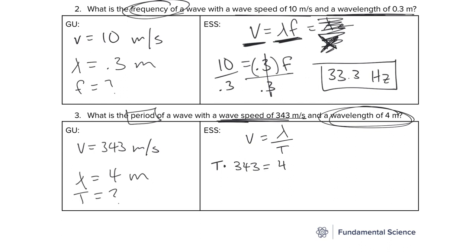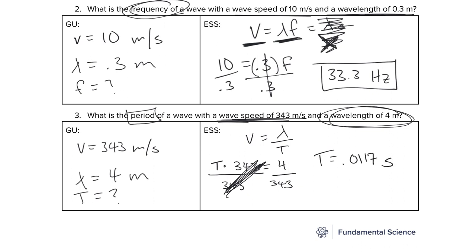So then you can divide both sides by 343 so that those cancel, and you end up with 4 divided by 343, which is a very small number, 0.0117 seconds.